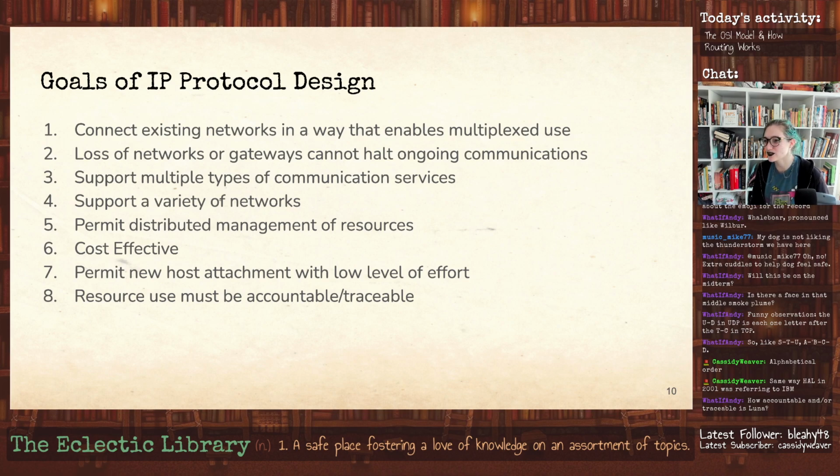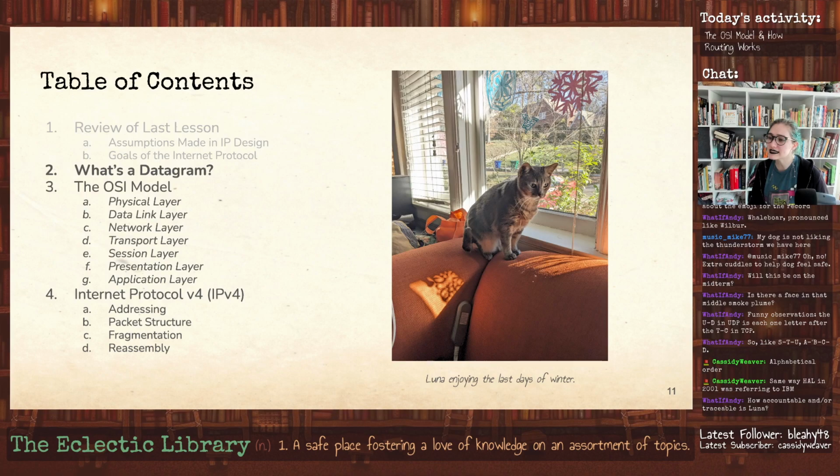How accountable or traceable is Luna? Luna is not accountable to anything or anyone. I personally do not think that Luna is a cat. I think that she is a demon that had cat-like traits described to her at some point, and then made her best effort attempt at embodying what a cat is like. You should hear this cat purr.